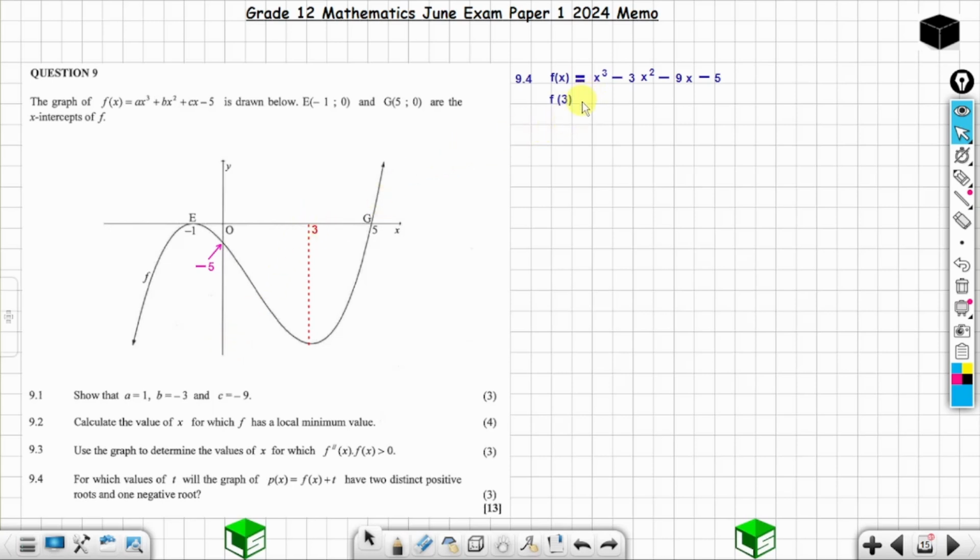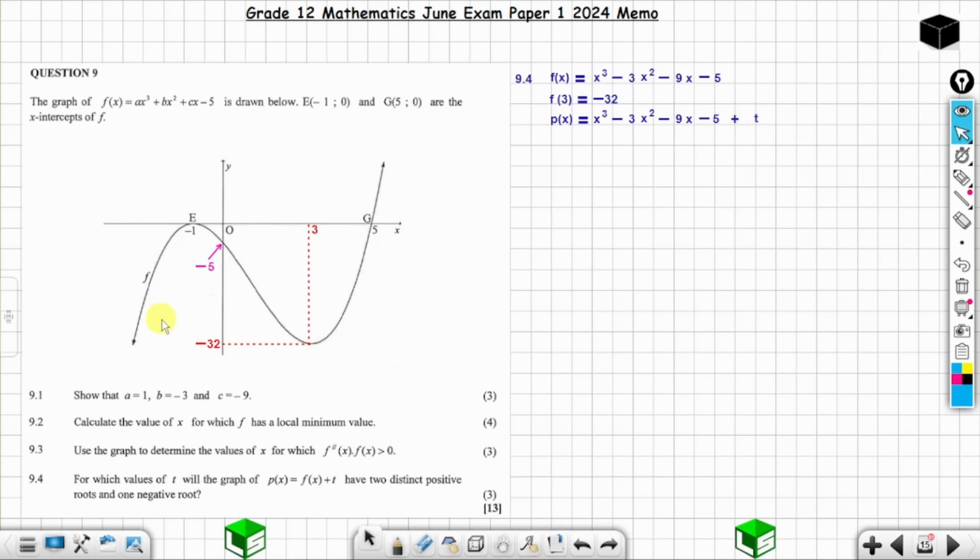f(3) is equal to, you are going to plug 3 in there. You are going to have minus 32. So p(x) is equal to f(x) plus t.